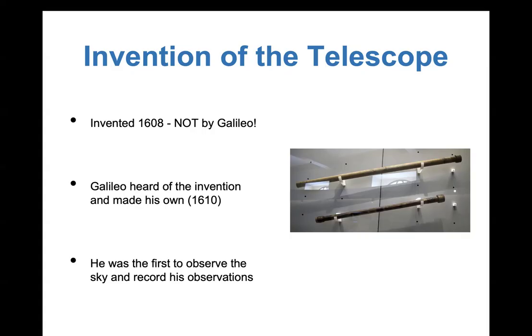He confirmed that Jupiter had moons, which was not a necessary condition of either model, nor was it predicted by either model. But what it did is it showed that not everything orbited Earth. If there were separate bodies that orbited one of the planets, well, that right there brings into question the whole importance of Earth as the center of the universe.